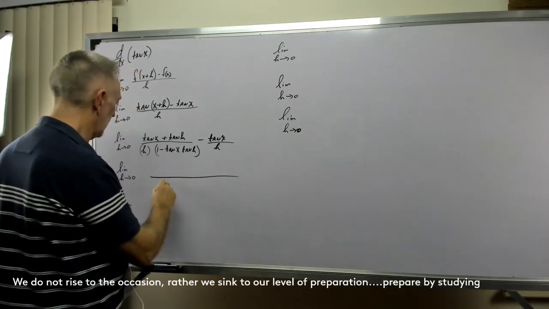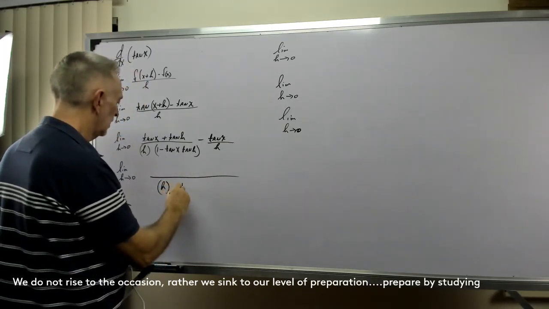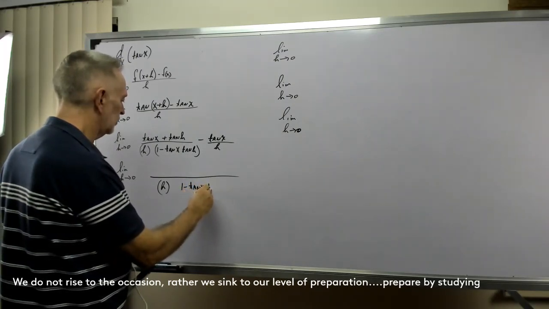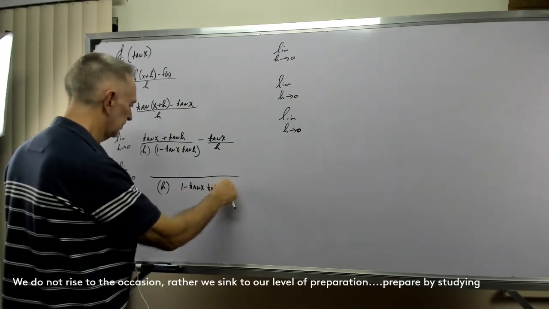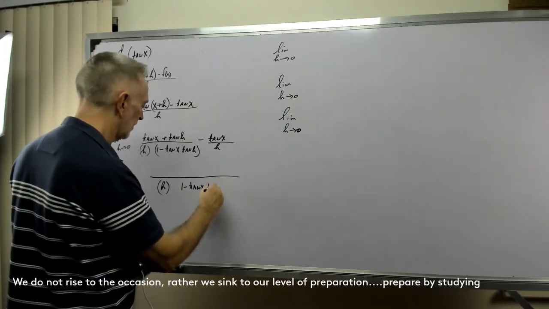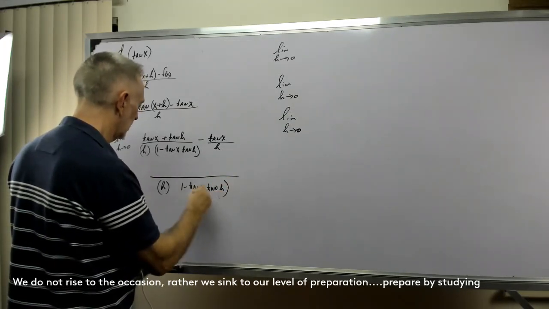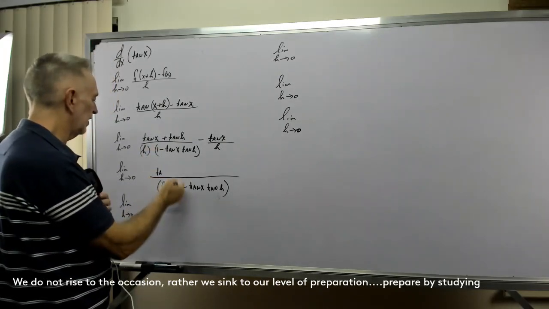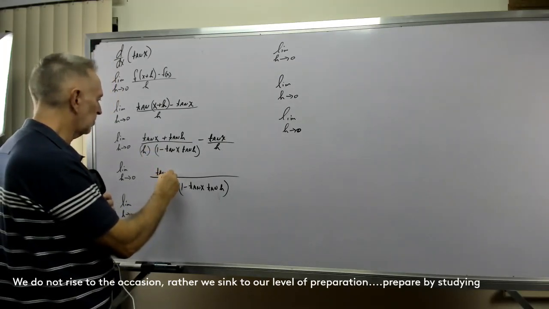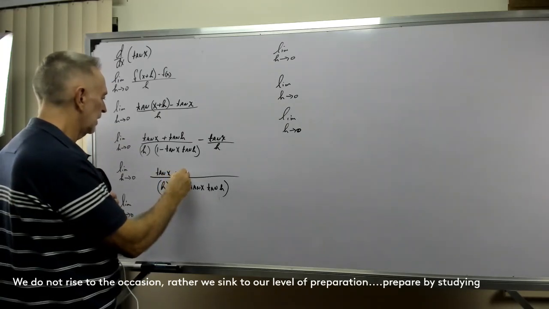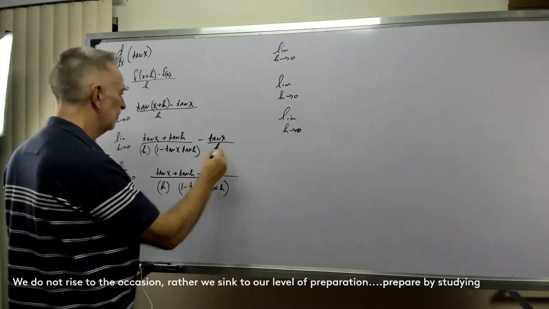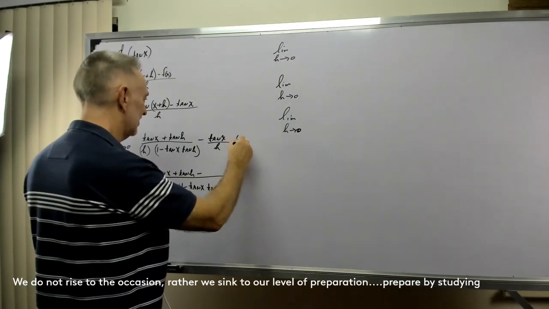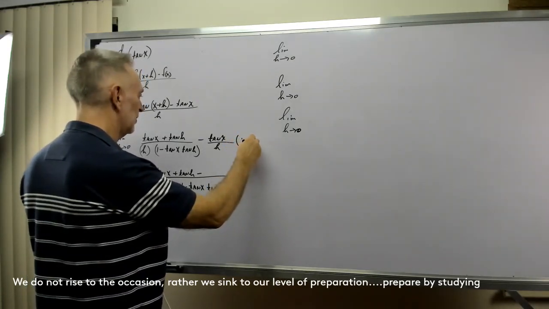So now we have h times 1 minus tangent x tangent h, and all of that is divided into tangent x plus tangent h minus, now I should write this down up here I guess, just so you can see what I'm doing.